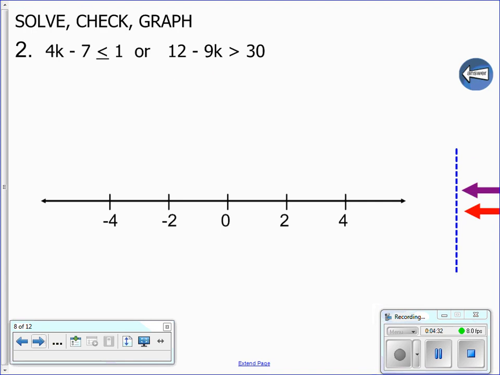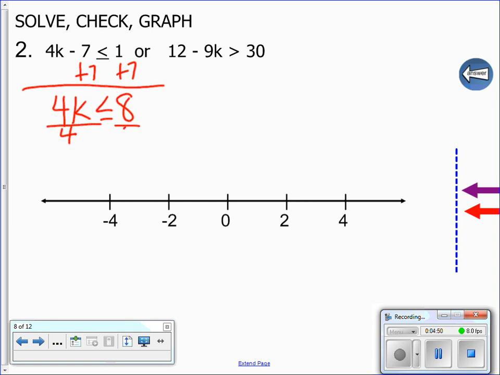This one's an or statement, so we'll solve them separately. So this one I'm going to add 7 to both sides. And I get 4k is less than or equal to 8. I divide both sides by 4, and k is less than or equal to 2.